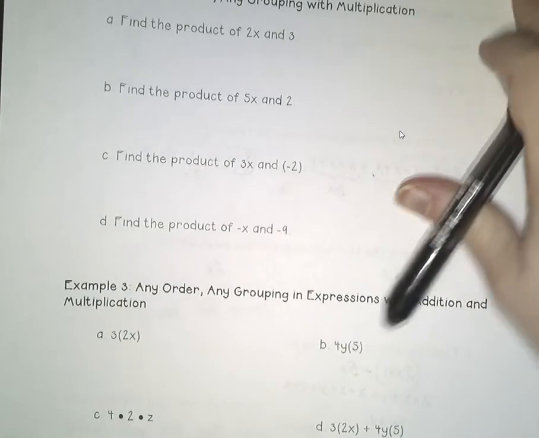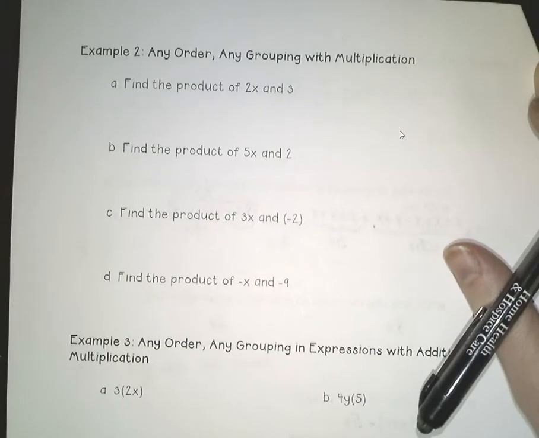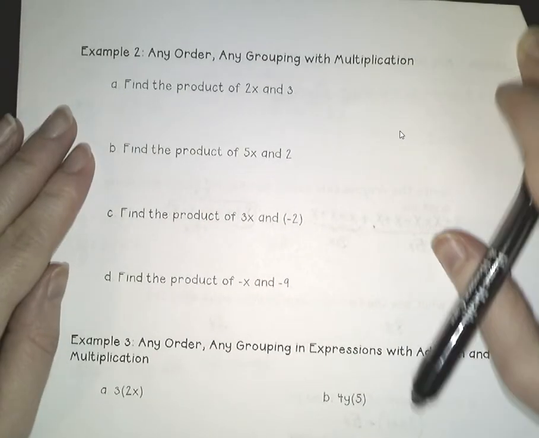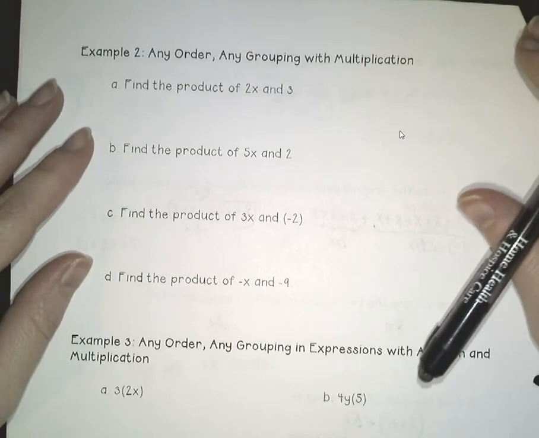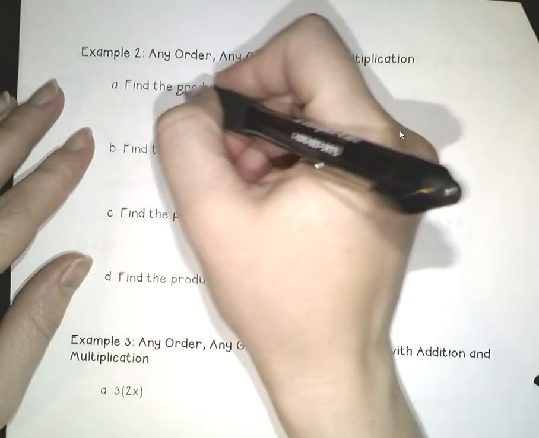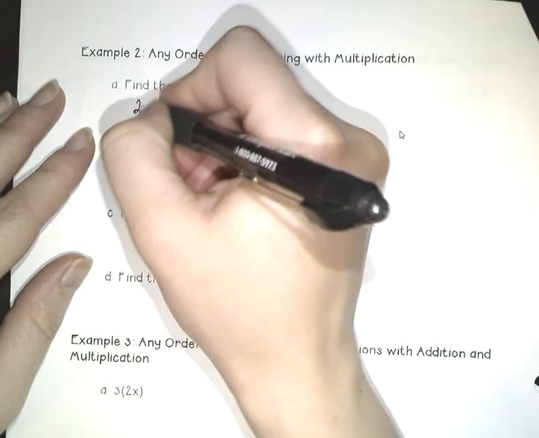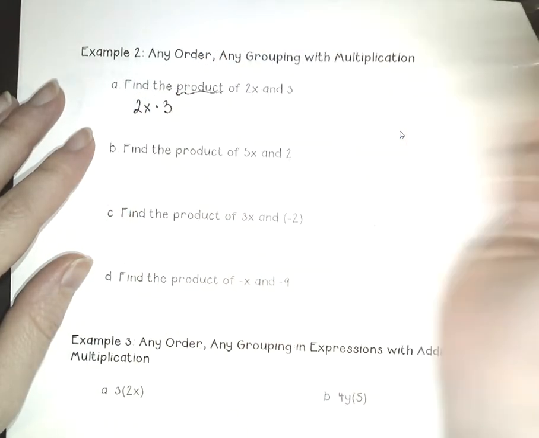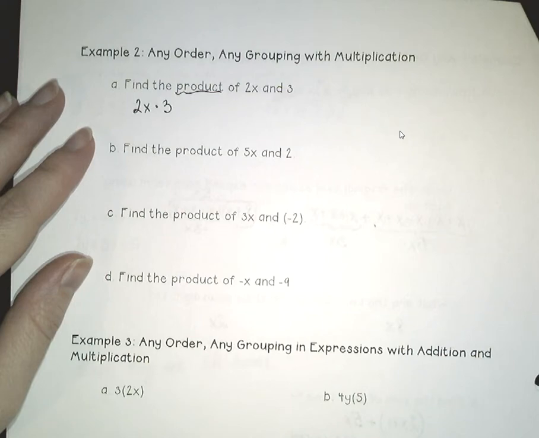Now let's look at multiplication. Again, any order, any grouping with multiplication. So let's look at the product of 2x and 3. Product means multiplication, right? So I'm multiplying 2x times 3. How can I understand it?